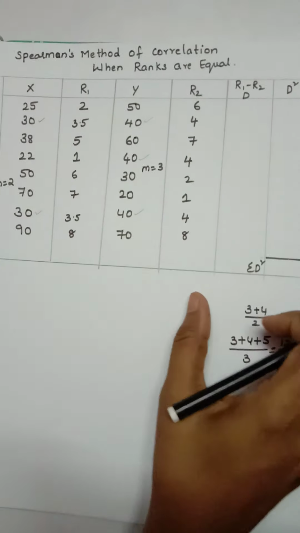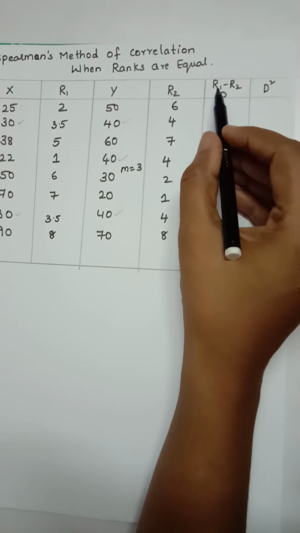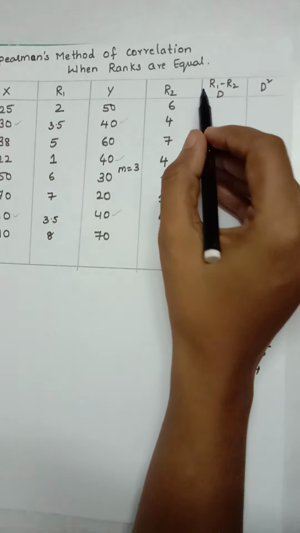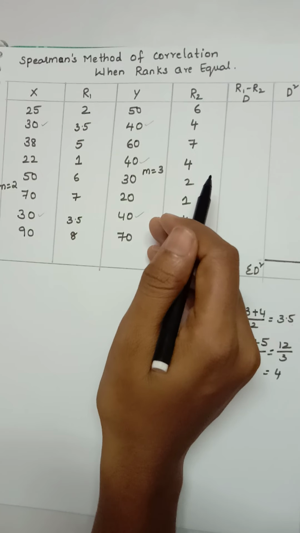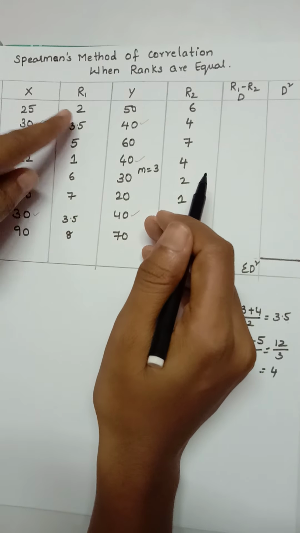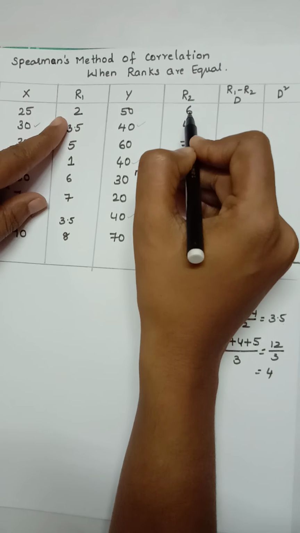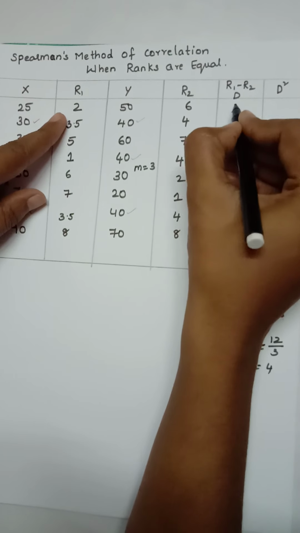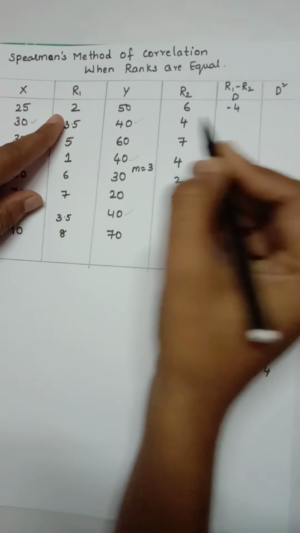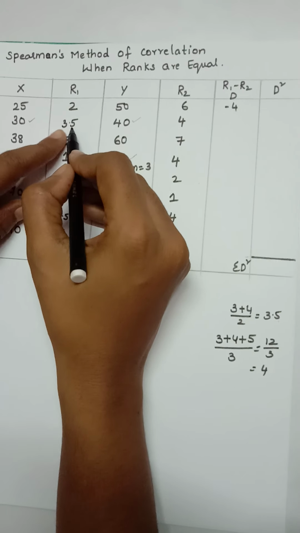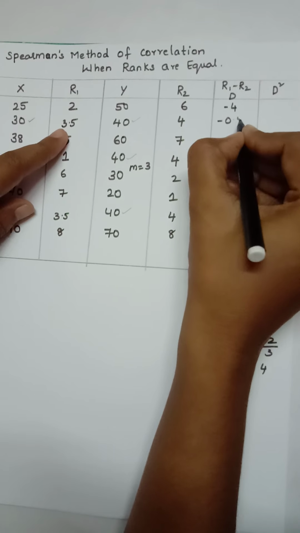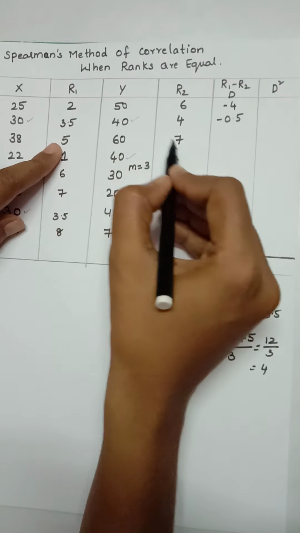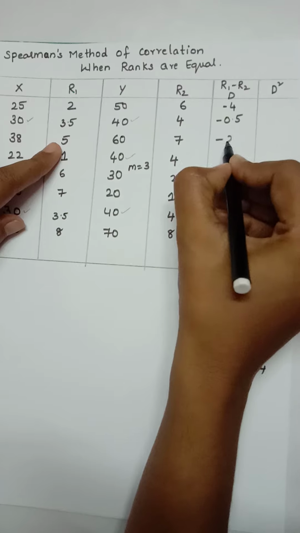Up to here clear? Next we'll go to the next step, that is R1 minus R2. R1 minus R2 means we have to take the difference between rank 1 and rank 2. Here 2 minus 6 is minus 4. Next 3.5 minus 4 is minus 0.5. Next 5 minus 7 is minus 2.